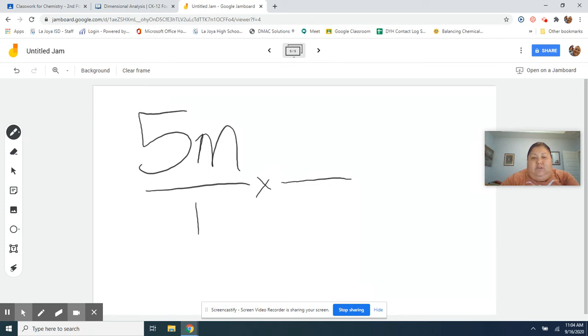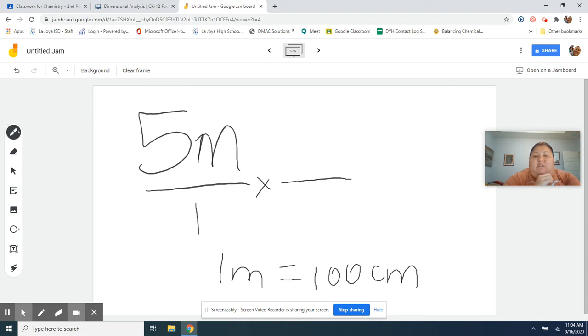So now I need to think, if I'm changing 1 meter into centimeters, well, I know centi is 2 levels down. 10 to the 2 is like saying 100 centimeters.